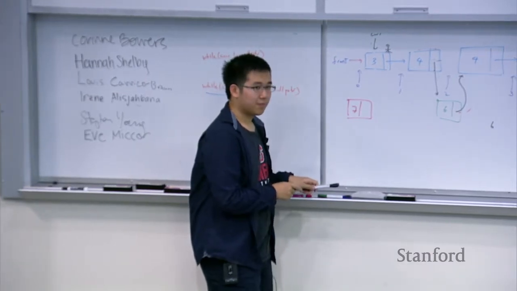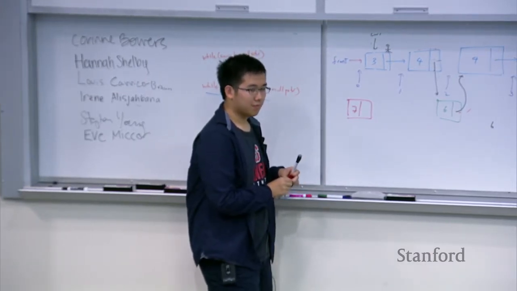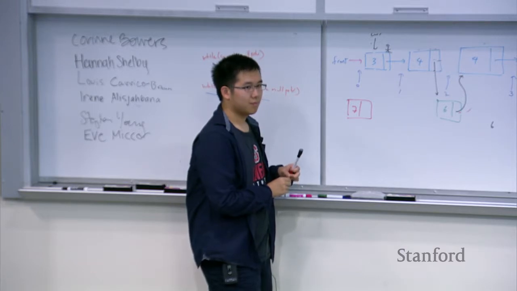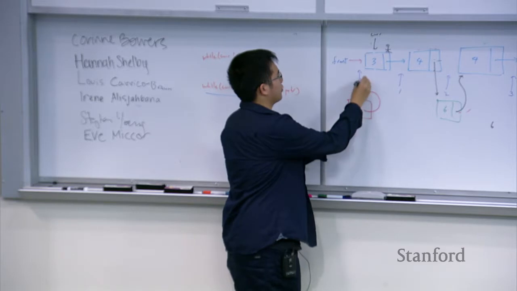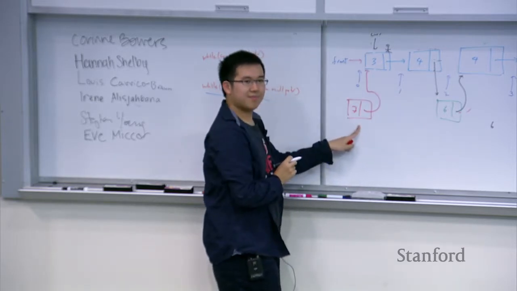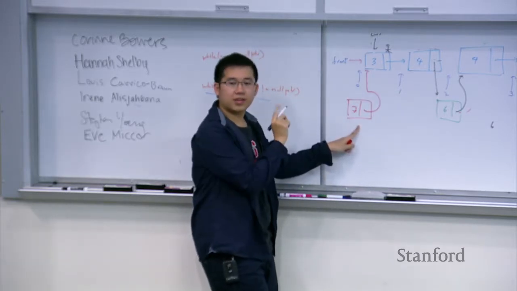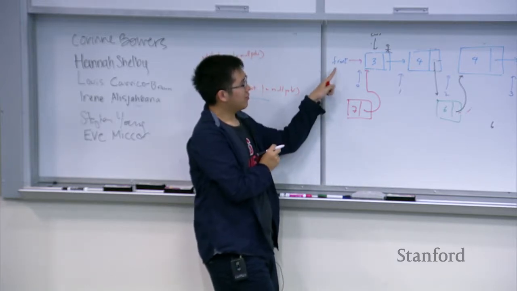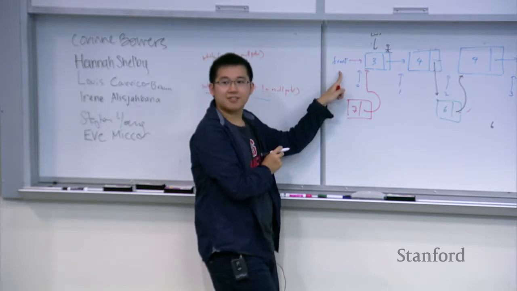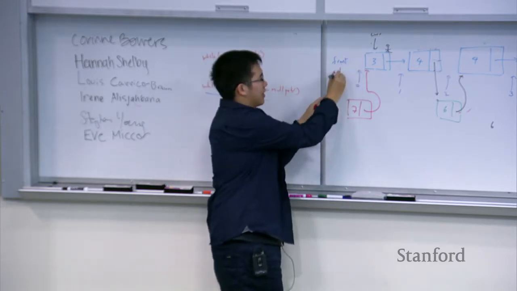List node, and then we said the first part is the value and the second part is just the front. So we set this part over to here. Okay, great. And then there's one more thing we have to change. We have to change front itself. So I'm going to change this arrow and make it point to here.